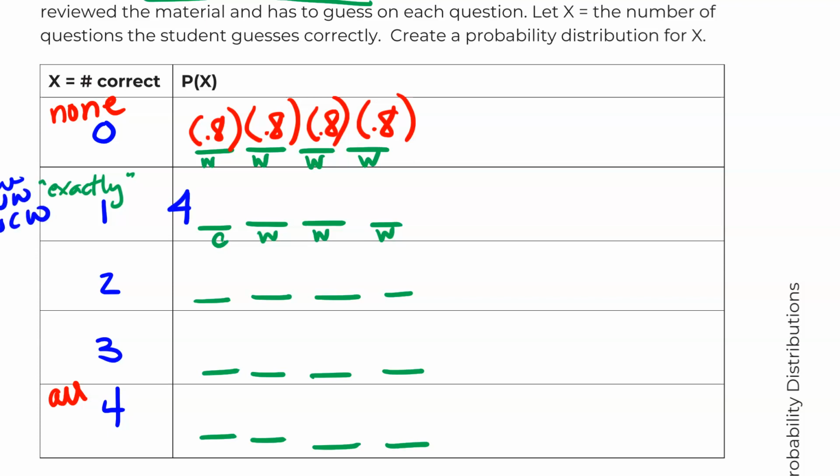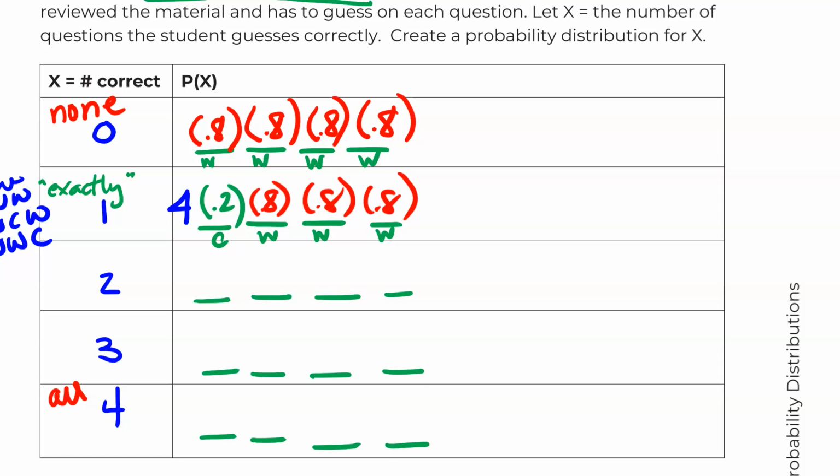I could have gotten any of the questions correct, so it could have happened one of 4 ways. So I'm going to do a 4 out in front. And then all of the wrongs have an 80% chance, and all of the corrects have a 1 out of 5 chance, a 0.2. Again, I'm not going to do the calculation yet.